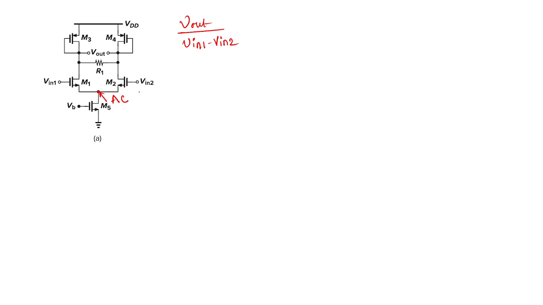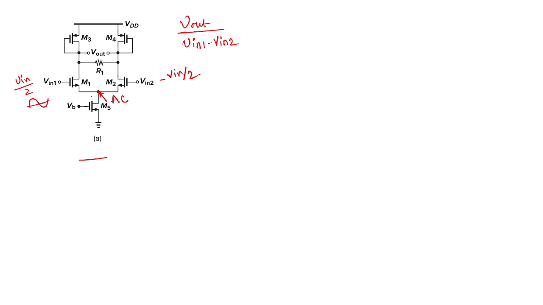Now why is this AC ground? Suppose these are two differential inputs. Suppose this is Vn by 2 and this is minus Vn by 2. Suppose the input is like this.